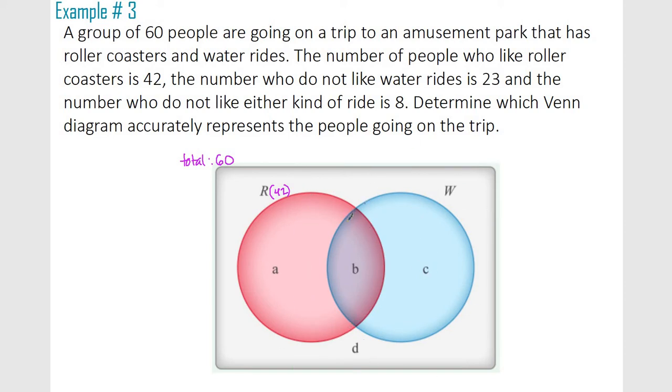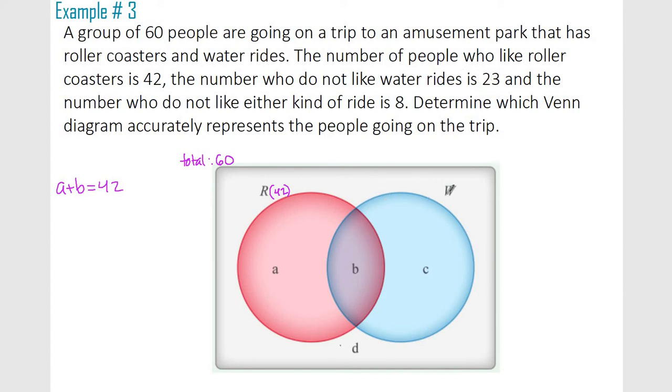Okay, so that would be, here, think of it like this. Those who like roller coasters is 42, so that represents A and B. So A plus B must be 42. We also know that those who don't like water rides is 23.